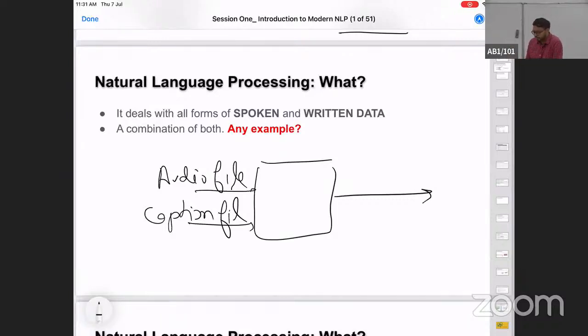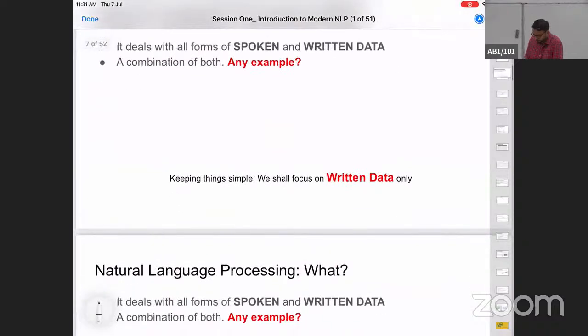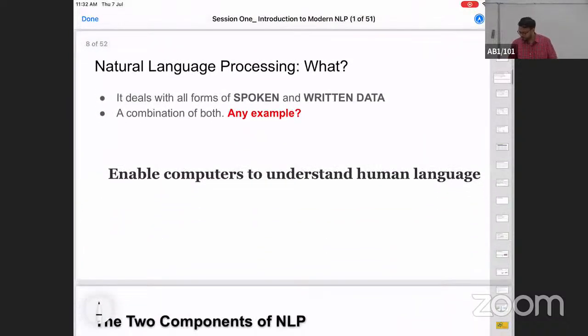Remember these inputs, and based on this, we'll define different systems. For the time being, we'll be mostly talking about the written data. We'll not talk about the audio data. Whatever we talk about for written data, you can apply to spoken data.